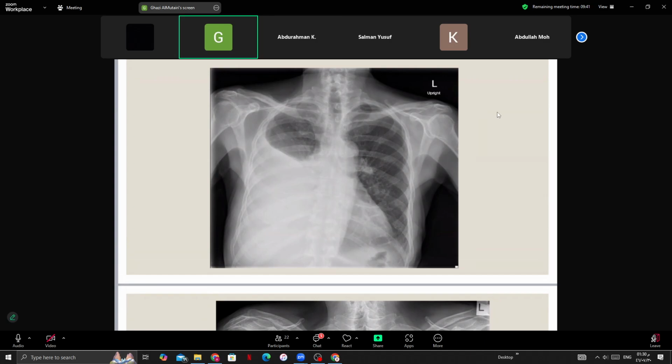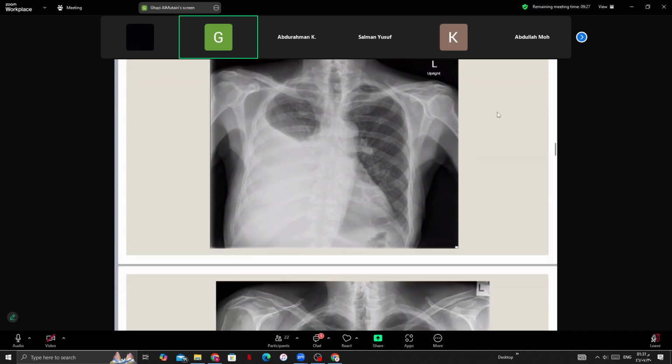Where? Right lung. Is it small, moderate, large? Okay, so it's a large right-sided pleural effusion causing deviation of the trachea to the opposite side. Your treatment?